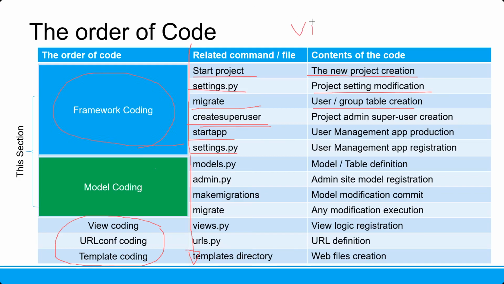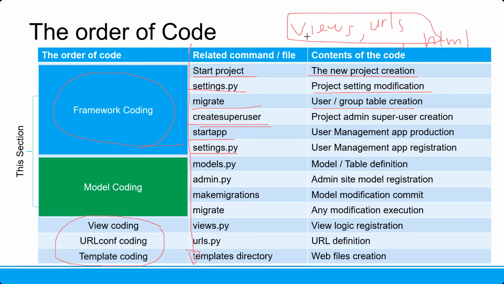We create view, and then we create the URLs, and then we create the HTML. Okay. So at that time, we create this one without any database. We create this one without any data.